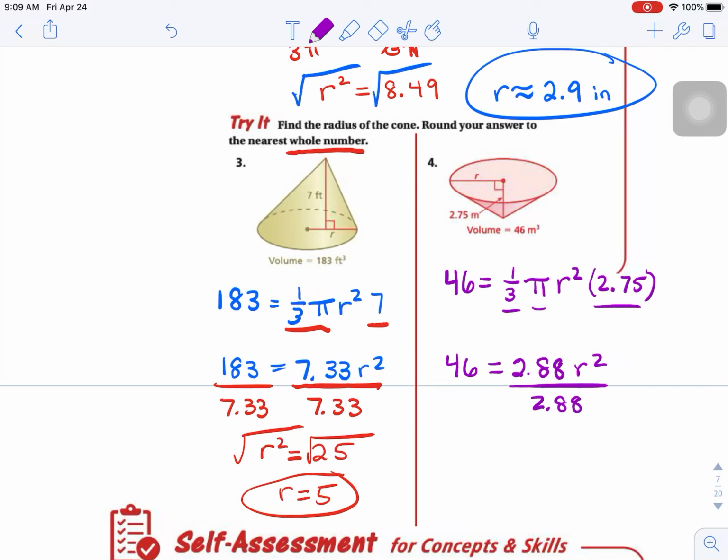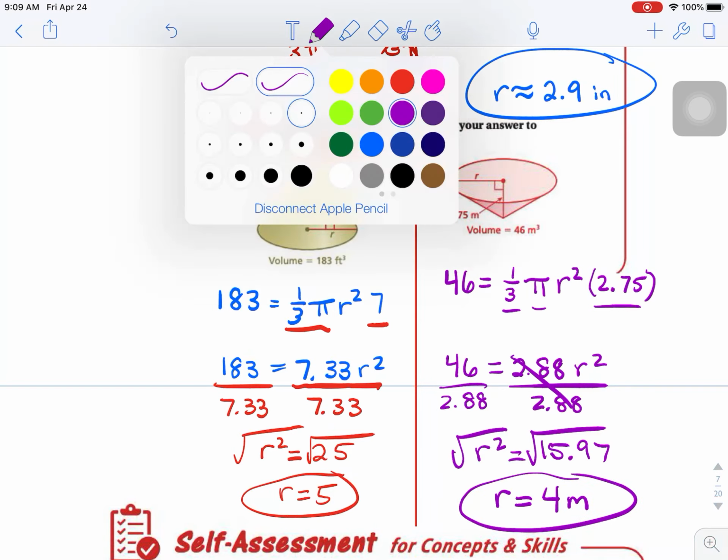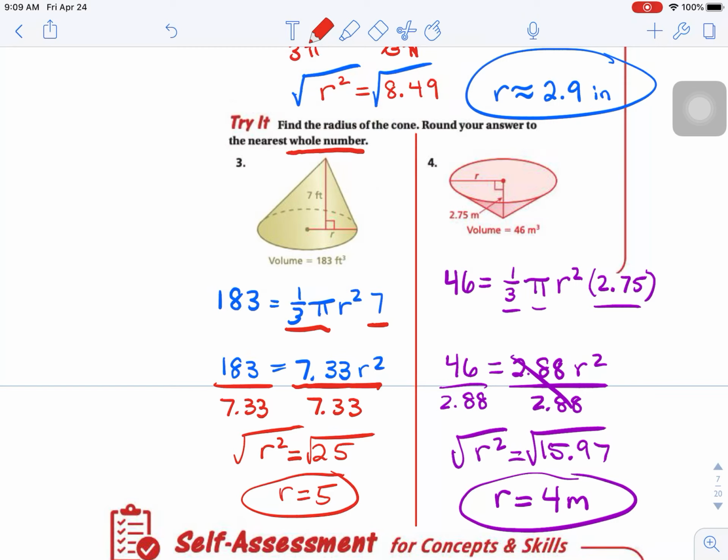Divide by 2.88. That cancels. R squared ends up equaling about 15.97. So the square root, that's about 16, because we're going to the nearest whole number. So r would be about 4. And this was meters. I forgot my units in the last one. That one should have been in feet.